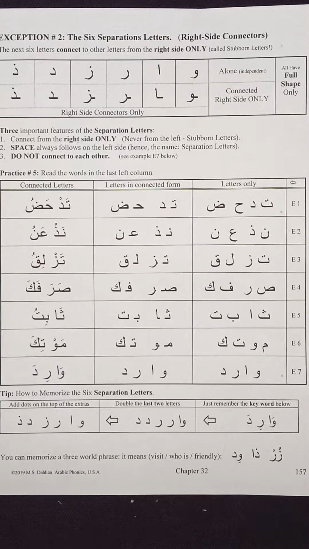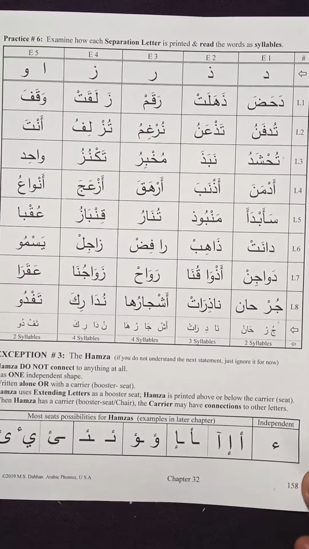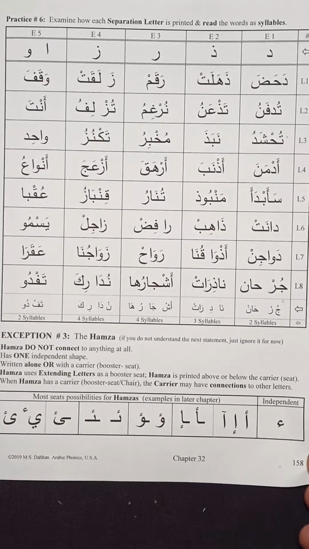Or there's another trick, a word called zur, which means visit who is friendly, and that's another way to memorize it. The first one is probably more popular because you don't have to memorize the word, right? We don't like to memorize anything. We want it to become second nature to you.